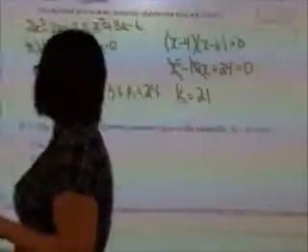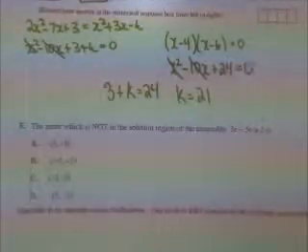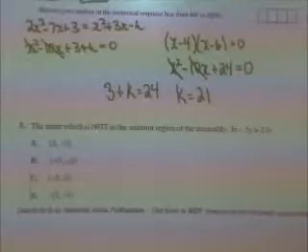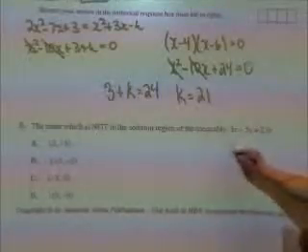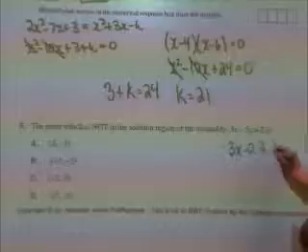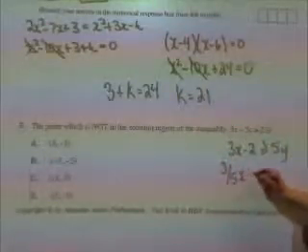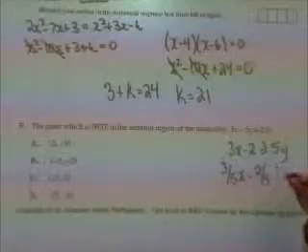Okay. Question number 5, the point which is not in the solution region of the following inequality is. So how did you guys do this question? I graphed it. You graphed it? Okay. So if I graph it, 3x minus 2, so I get 3/5 x minus 2/5.